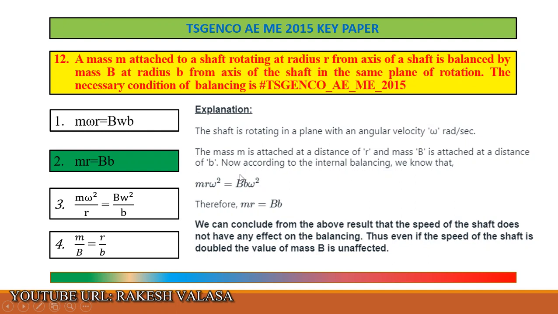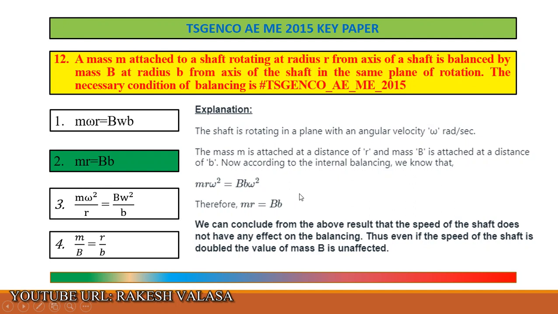Now, according to the internal balancing, applying centrifugal force, we know the formula for centrifugal force, that is M r omega square equal to capital B into small b into omega square. In both cases, angular velocity is constant, so strike out omega square. Therefore, M r equal to capital B into small b.